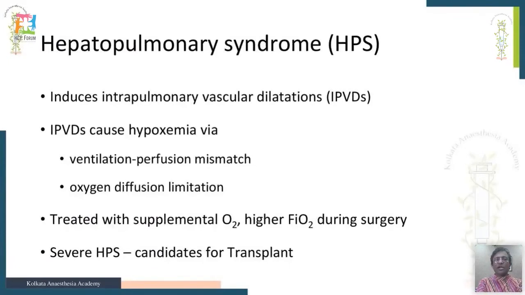The other thing is hepatopulmonary syndrome, which is because of intrapulmonary vascular dilatations, ventilation perfusion mismatch and oxygen diffusion mismatch, and they require supplemental oxygen and a higher FiO2 during surgery.